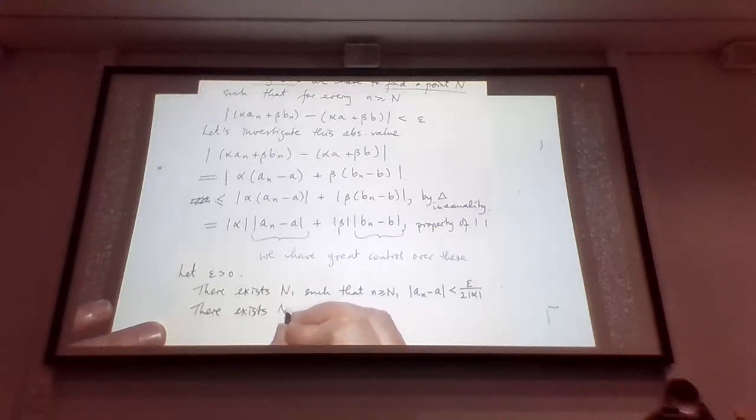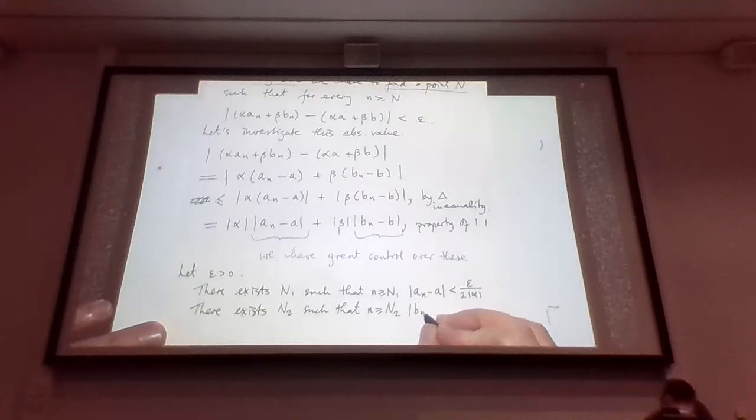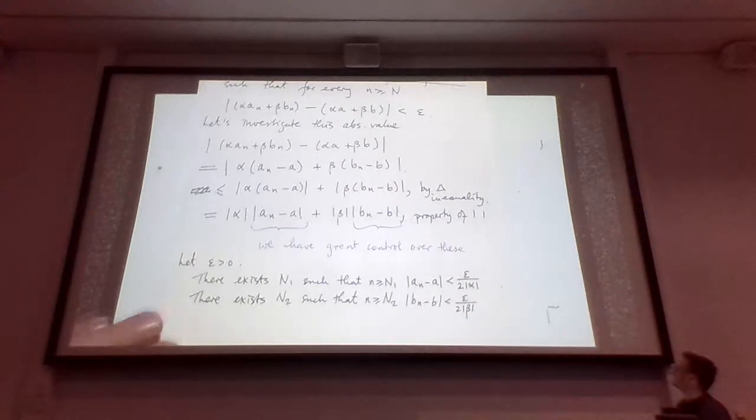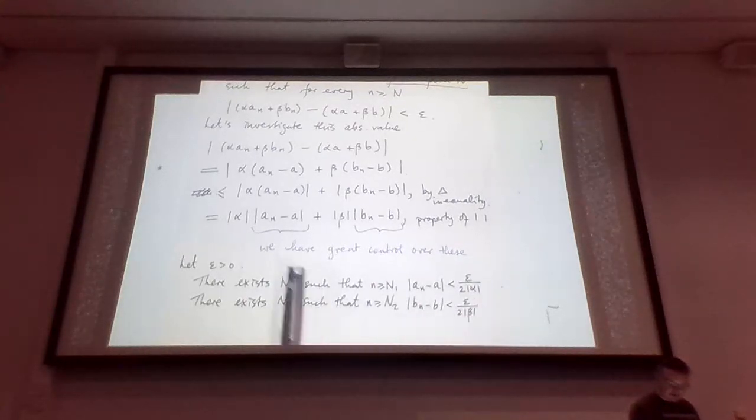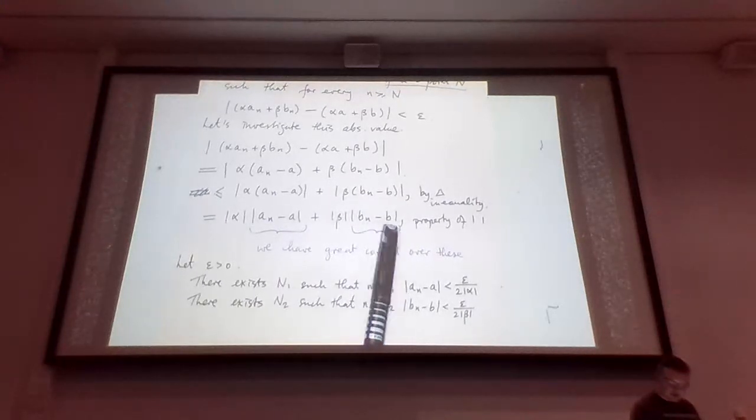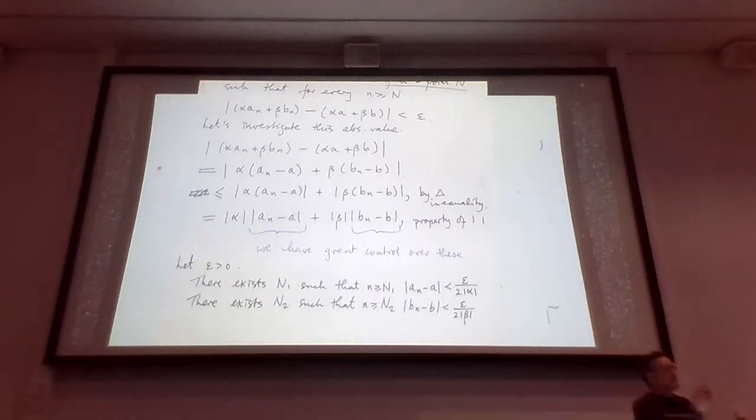We also know the same thing about the sequence Bn. It converges. So there will be some point capital N2 such that this absolute value will be strictly less than epsilon over 2 times the absolute value of beta. The reason for that choice is that when I substitute these upper bounds in for an minus a and bn minus b here, the whole thing will evaluate out to exactly epsilon.